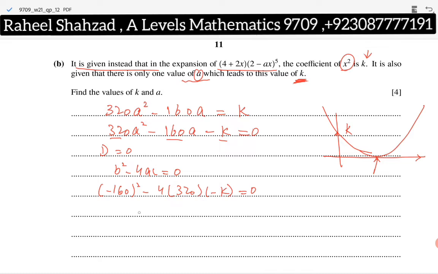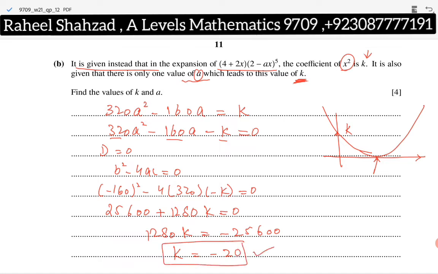So that will give you 160 square, which becomes 25600, plus 1280k is equal to 0, so 1280k is equal to minus 25600. So dividing by 1280 gives k is equal to minus 20.